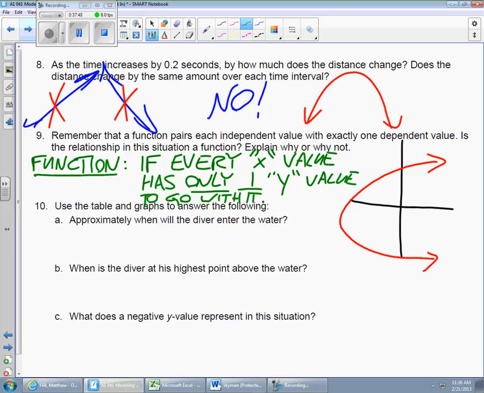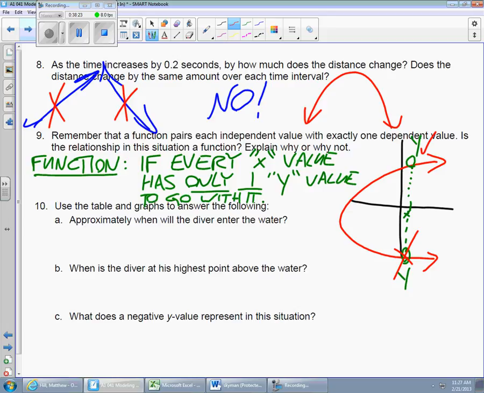The rule says for every x value, that means we can come anywhere we want on the x-axis, and at that location you can look up or down and find a y. That's okay. But if at that same location you can find another y, that's a no-no. Functions will never do this. Having one y is okay. Having two y's is not okay.